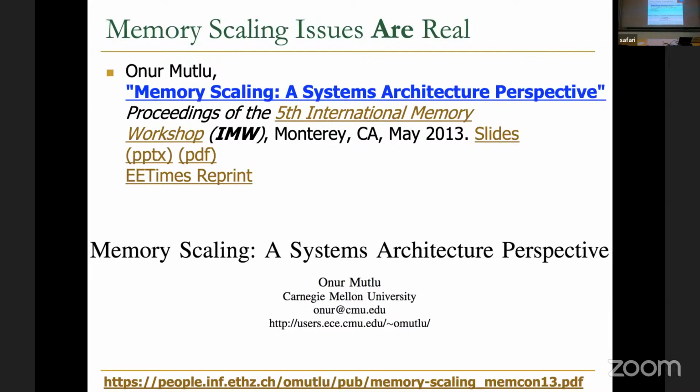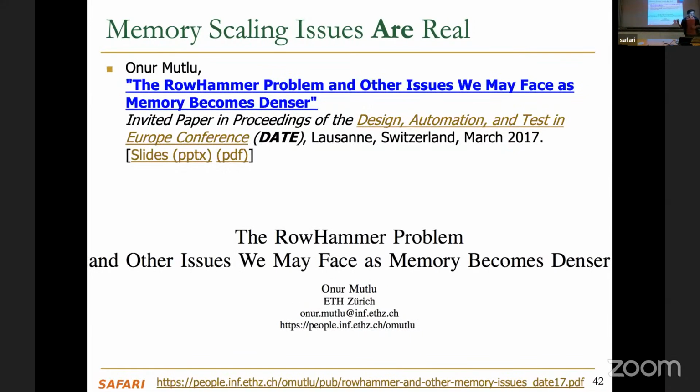If you want to recap on issues of memory scaling, this is a very interesting paper from Professor Mutlu that I would recommend. And if you want more specific examples of these memory scaling issues, then you should read about the RowHammer problem or the RowHammer phenomenon. You must have heard of it. The key problem with RowHammer is that bit flips might happen inside memory when some other rows in memory are being accessed.